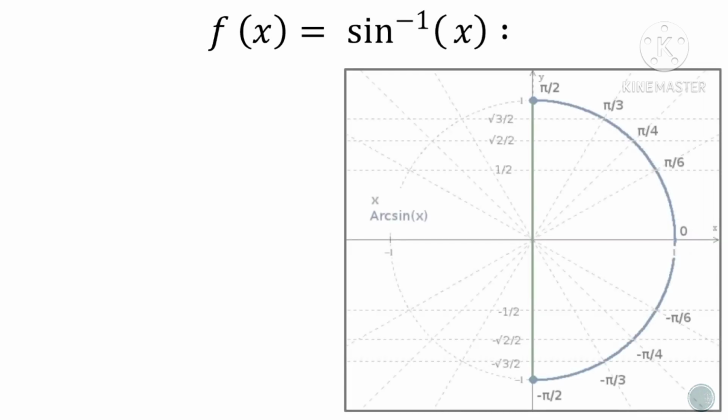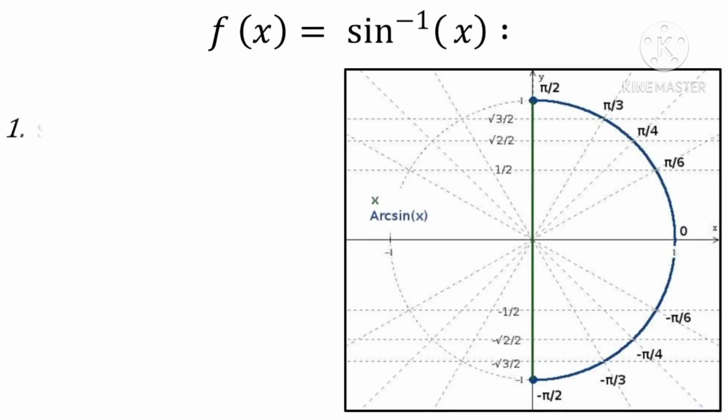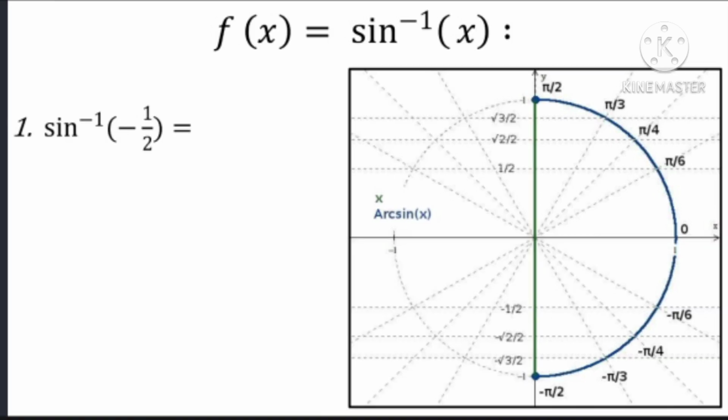Now let's consider a few examples. Suppose we want to find the value of sin inverse of minus half. So let's consider the domain minus 1 to 1. On the x-axis we consider minus 1 to 1, and on the y-axis we consider minus pi by 2 to pi by 2. Now minus pi by 2 to pi by 2 means we consider the first quadrant and fourth quadrant.